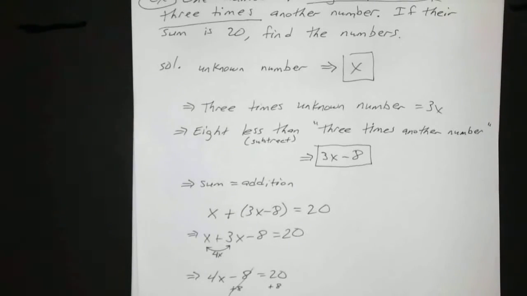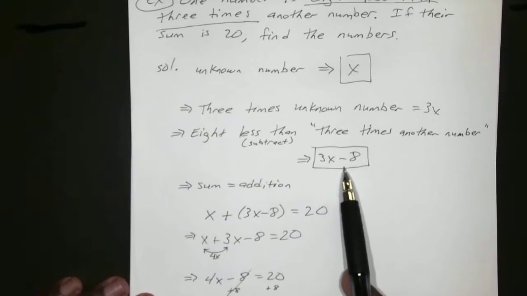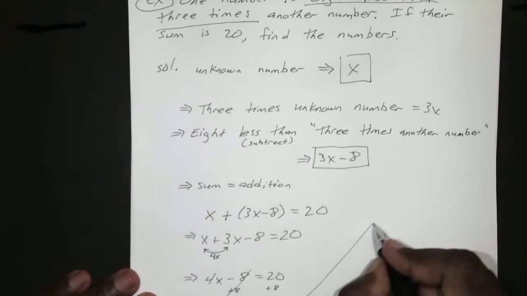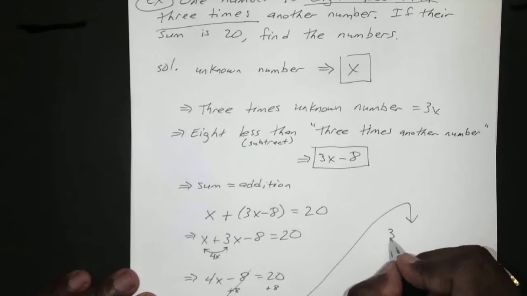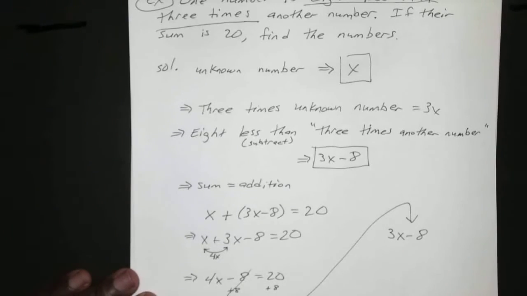Of course, you're only part of the way done. We still have to find our 3x minus 8. Okay, which gives us 3 times 7 minus 8, or 21 minus 8, which is 13.